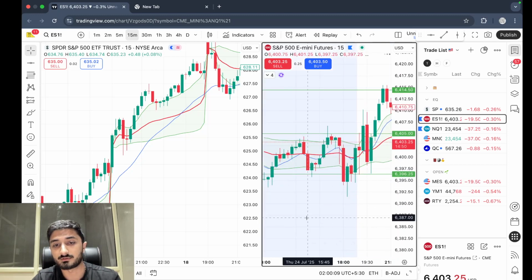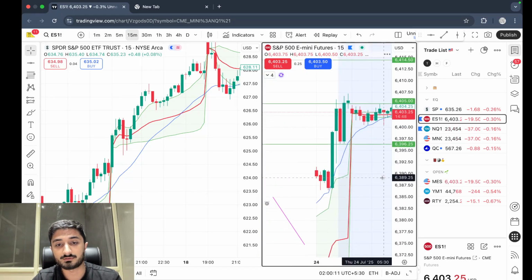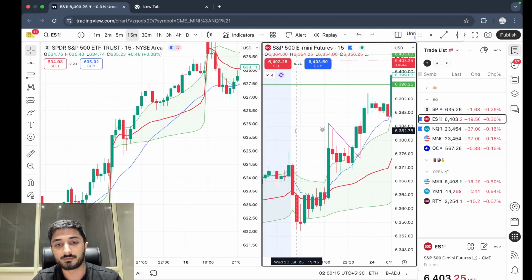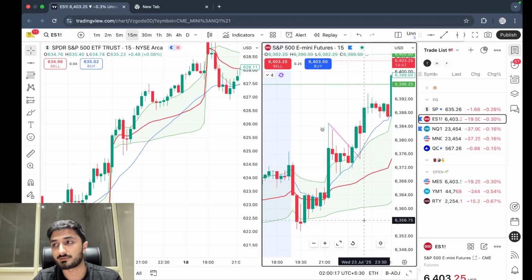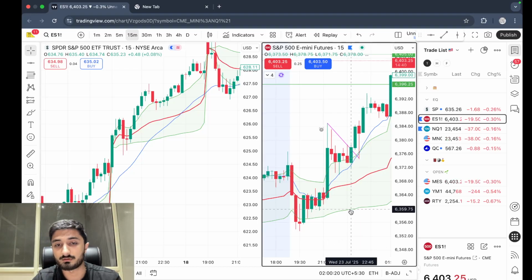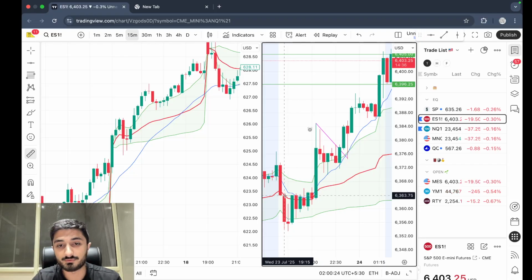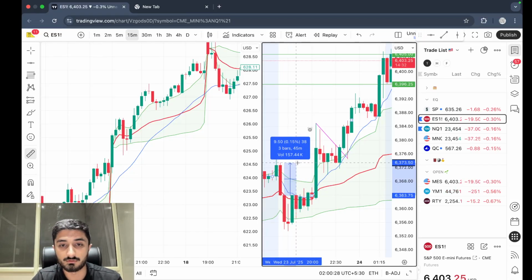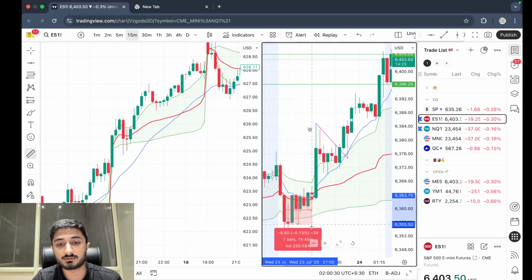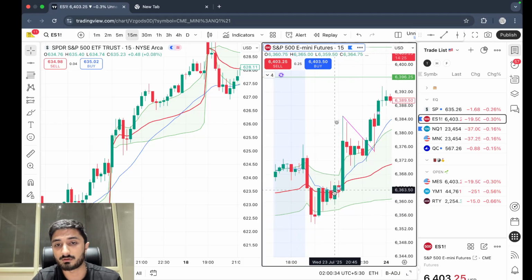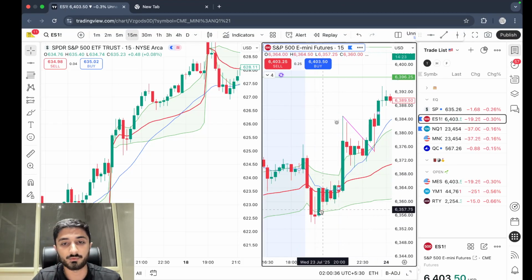Guys, don't use this strategy other than on S&P and Nasdaq. Don't do it in Russell or Dow or anything else. Use this in the most supported markets. 9.50 stop, 9.50 target, 1R easy. And then it faded all the way.